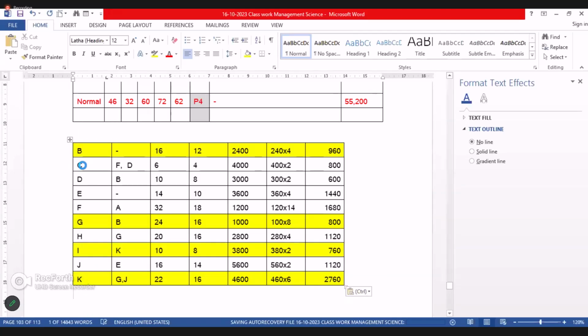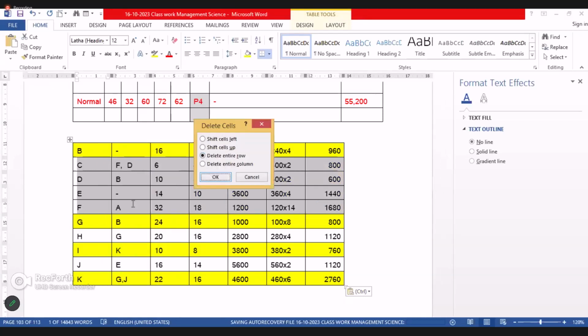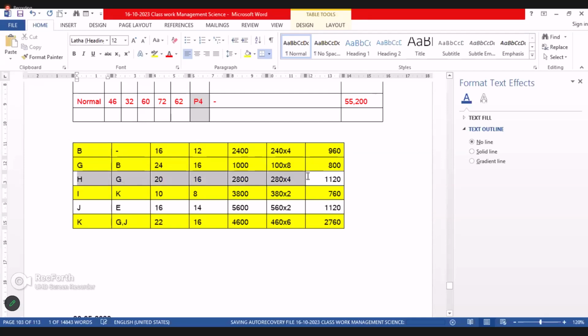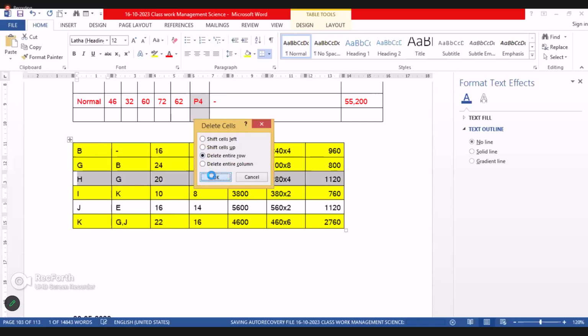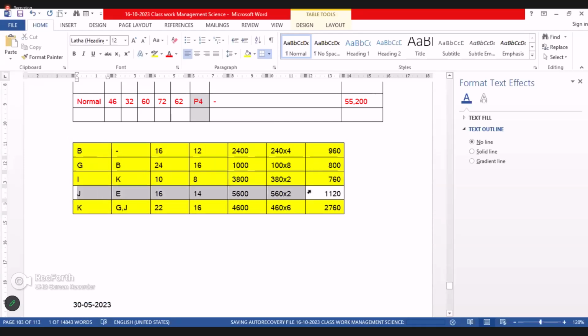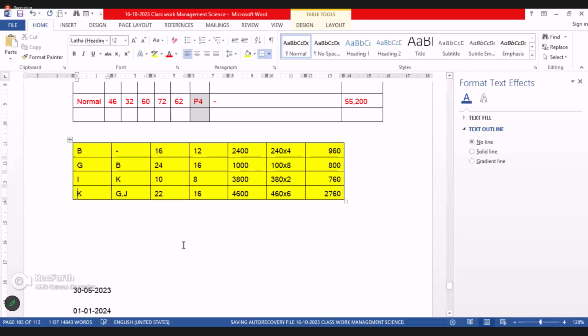B is a critical activity. G is also critical. So we have to know, out of these 4 critical activities, which has more cost slope?